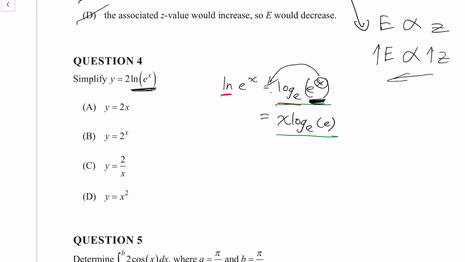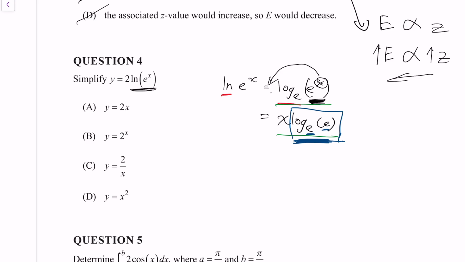If we think about what this expression in blue that I've underlined means, that's essentially just 1, because log to the base of something, if it's the same as the base, is going to equal 1.